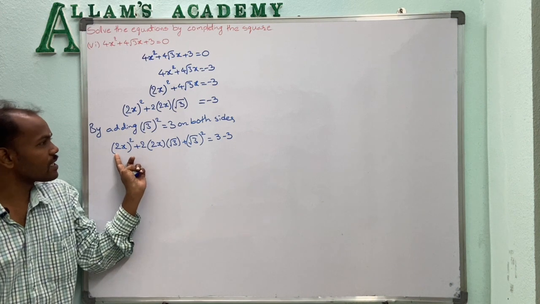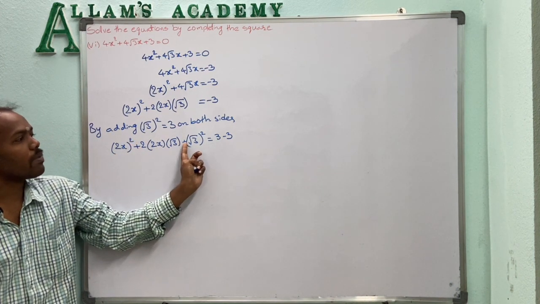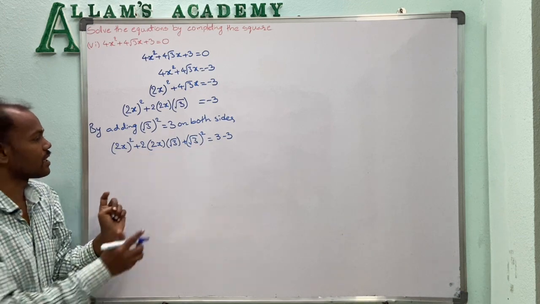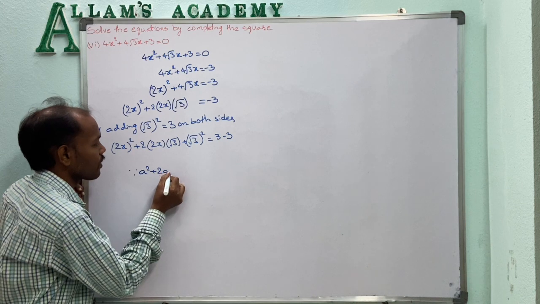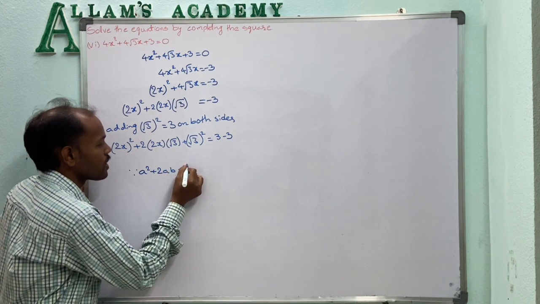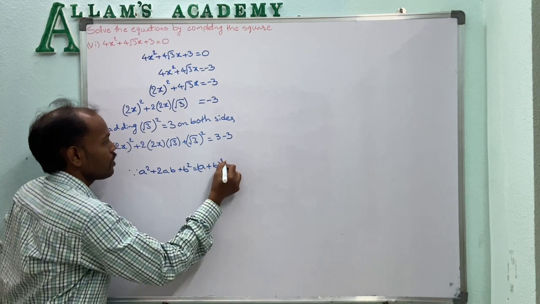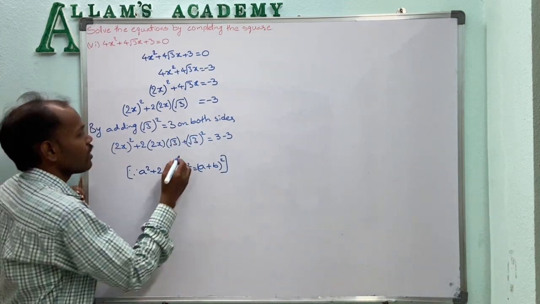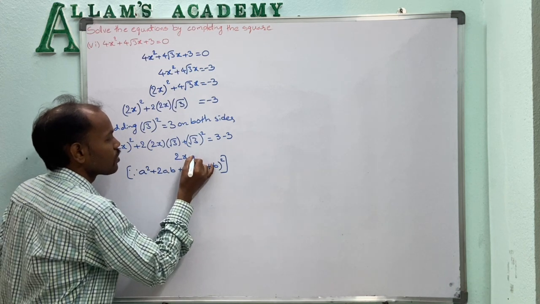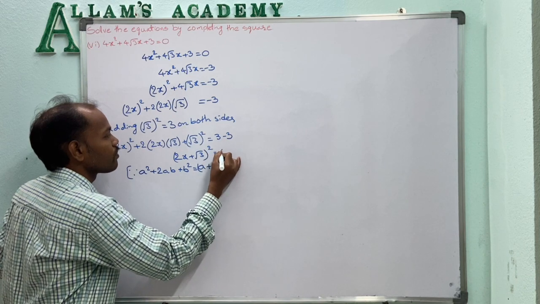Now here the LHS, if we observe, is in the form of a² + 2ab + b², that is nothing but (a + b)². So here a is 2x and b is √3. So (2x + √3)² is equal to 0.